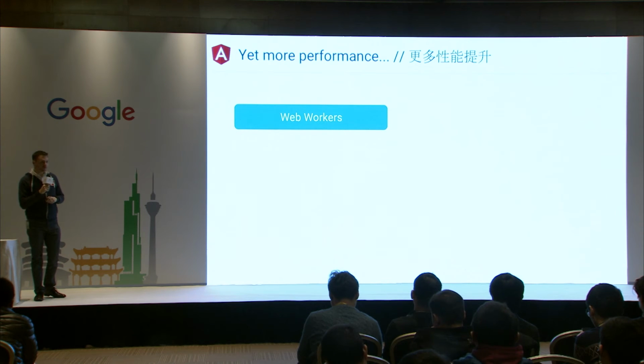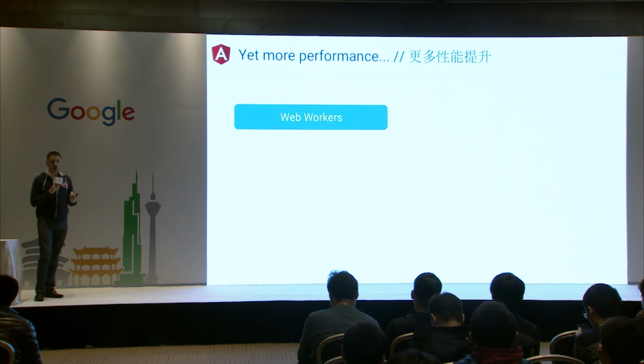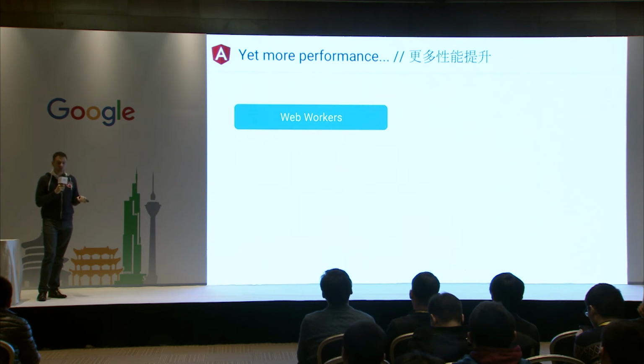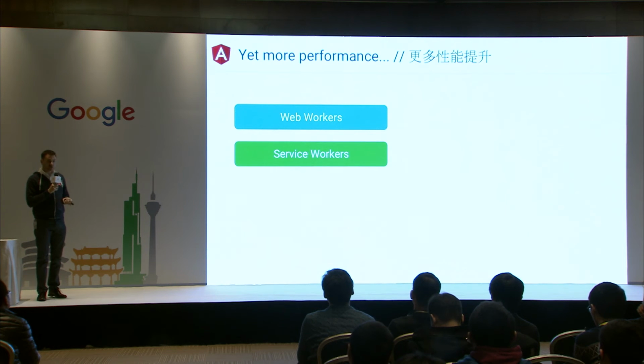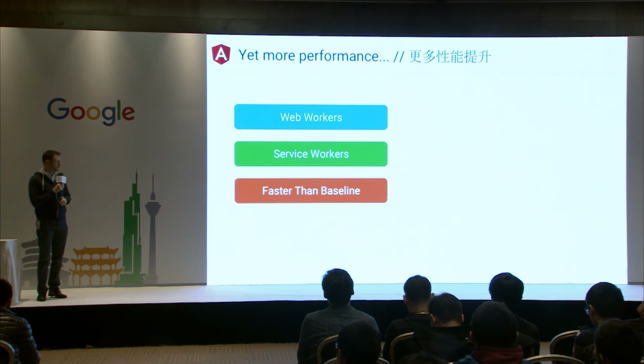And there's a number of other things that we're doing to make Angular much more performant. You can run 80% of Angular in a web worker, which takes it off of the UI thread. So most JavaScript is traditionally run on the UI thread in a single-threaded manner, and this allows you to access multi-threading. You can run it in a service worker and do offline, which means that the user doesn't have to wait for a network round trip to load your application.